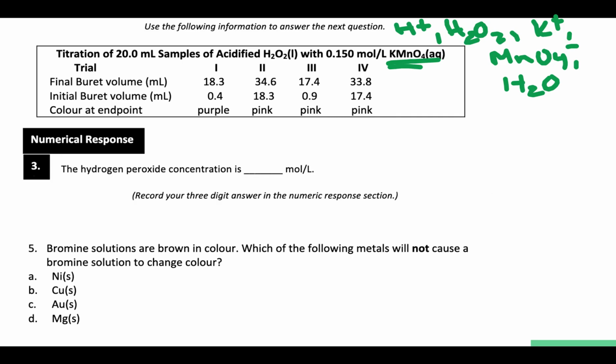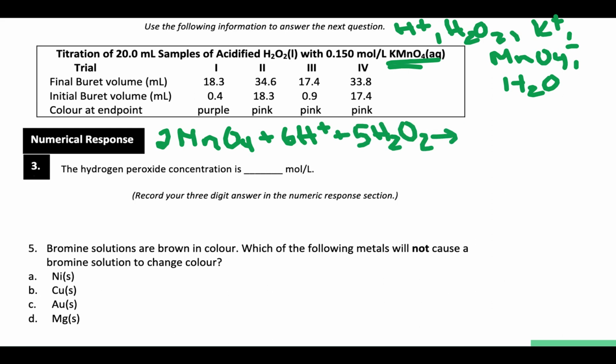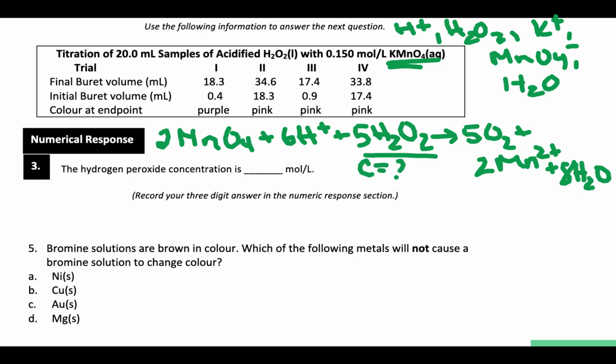You want to pick your OA, your RA, that's strongest, and then come up with that reaction. So to do that, it would end up being, for your balanced reaction, 2 MnO4 plus 6 hydrogen ions plus 5 H2O2 to give you 5 O2 plus 2 Mn2 positive plus 8 water molecules. So now that we have that, we can set up our stoich to figure out the concentration of the peroxide. That's what we're solving for. The volume of each of your samples was 20 mL.